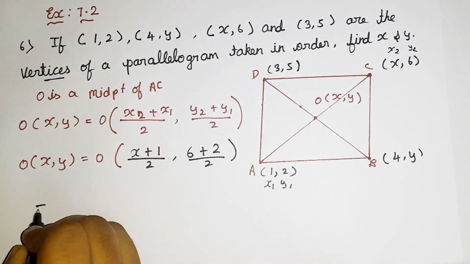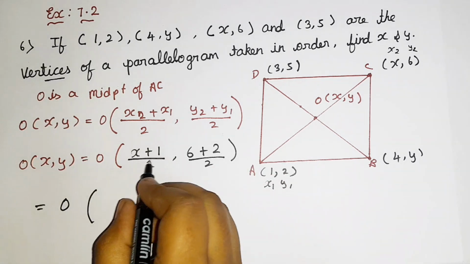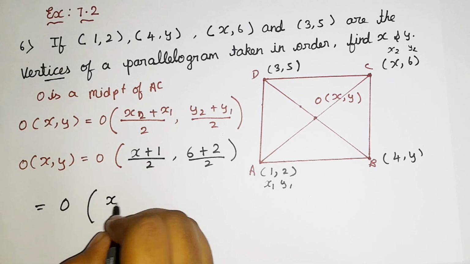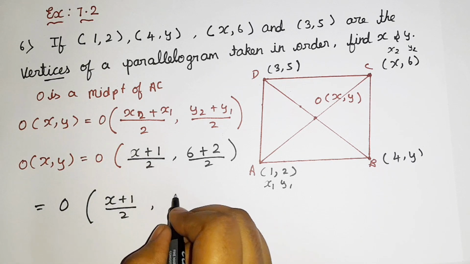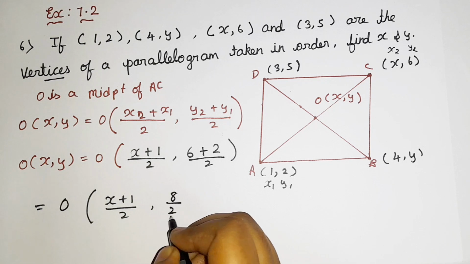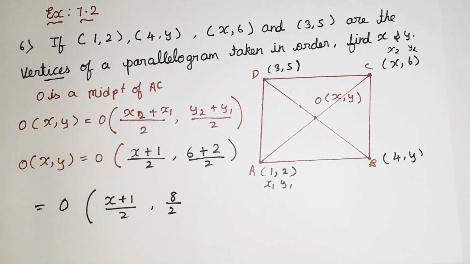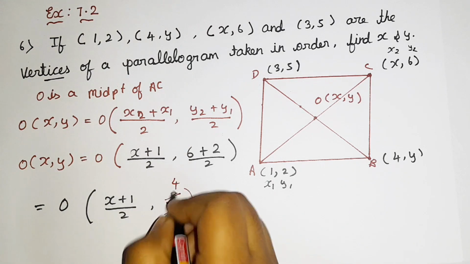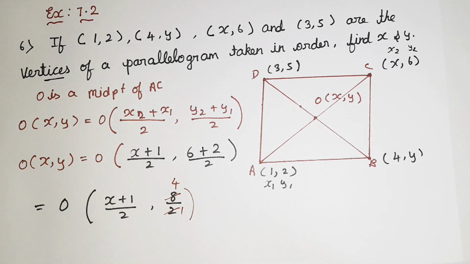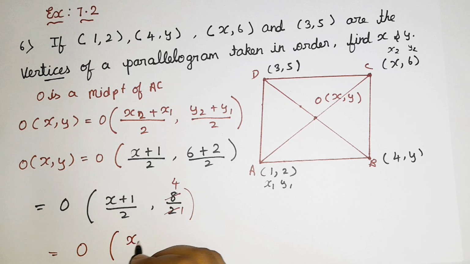So O is ((x + 1)/2, (6 + 2)/2). 6 plus 2 is 8, divided by 2, and when we cancel we get 4. So O is equal to ((x + 1)/2, 4).